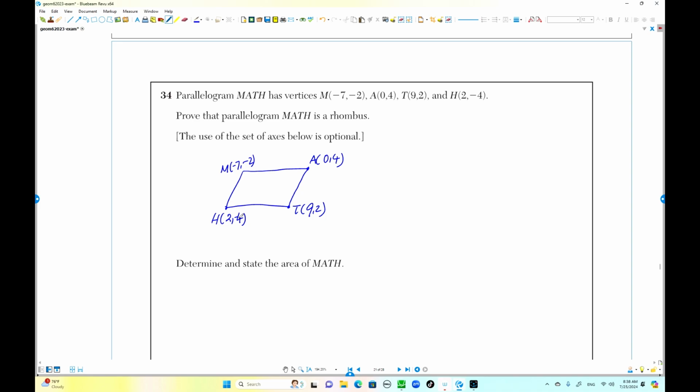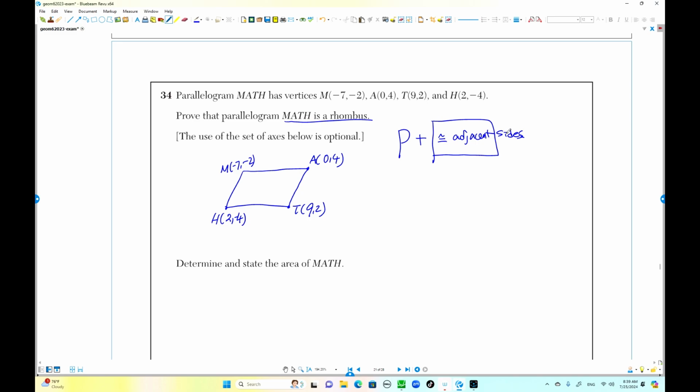To prove the parallelogram is a rhombus, you can add one more factor. What is this? You can use congruent adjacent sides.